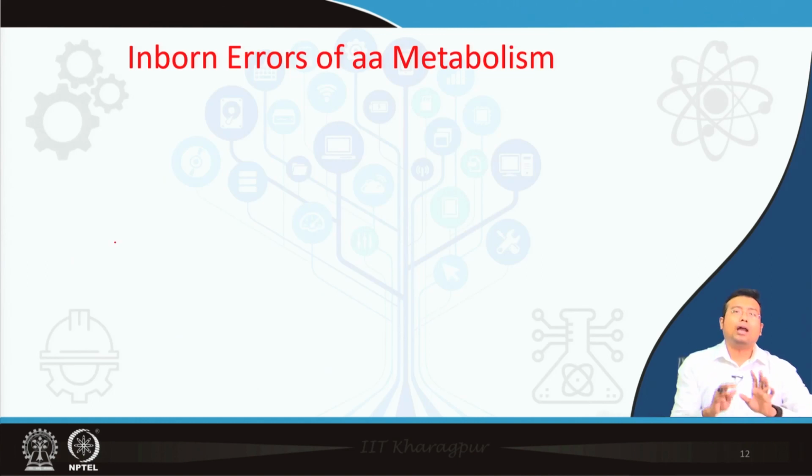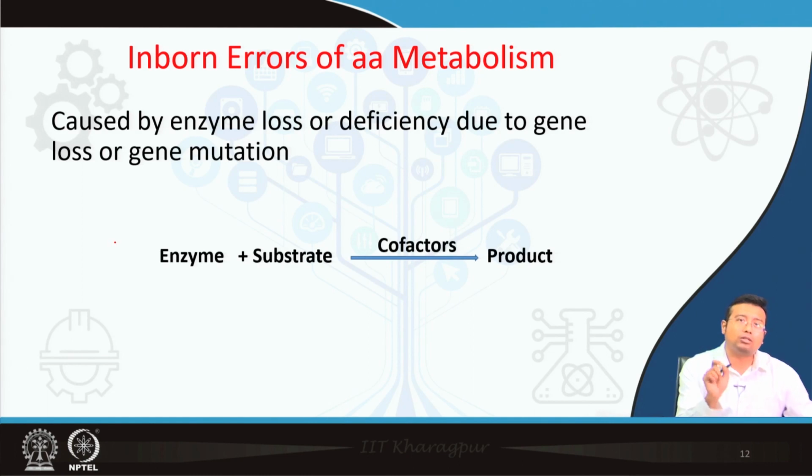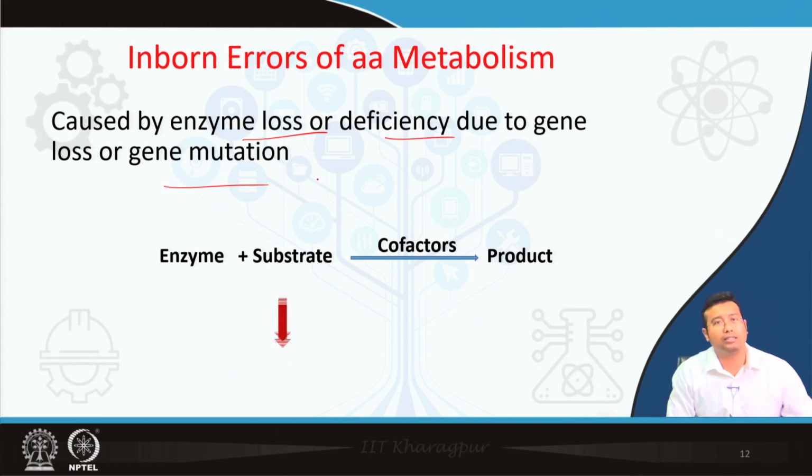So our one step, the goal of today, is done. What we will be discussing from now on is what if this step is hampered, all right. In general, whenever we are dealing with any inborn error of metabolism, whenever there is loss of enzyme due to either deficiency or genetic mutation, whatever be the reason, what happens?